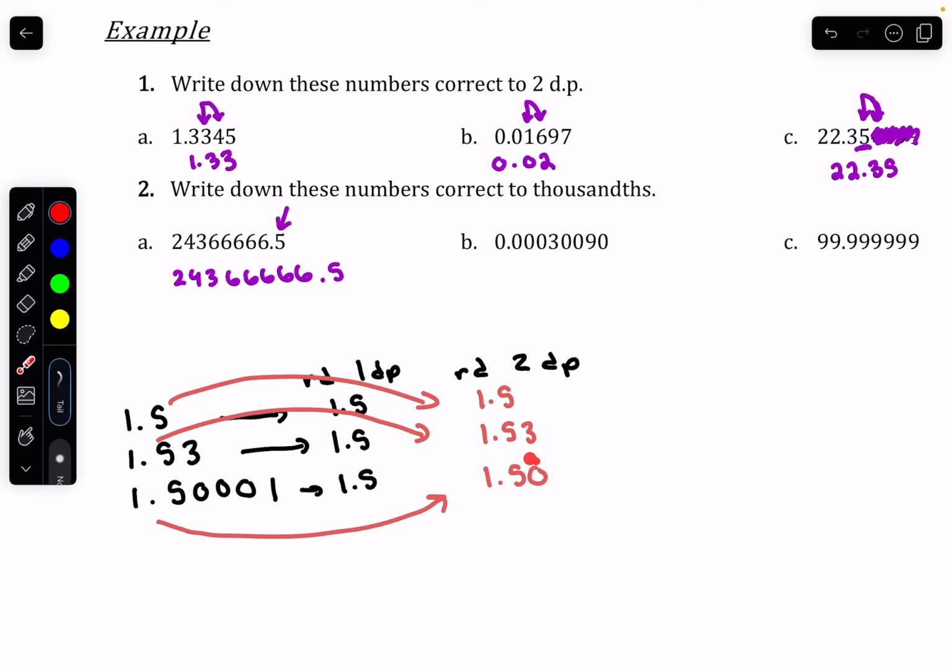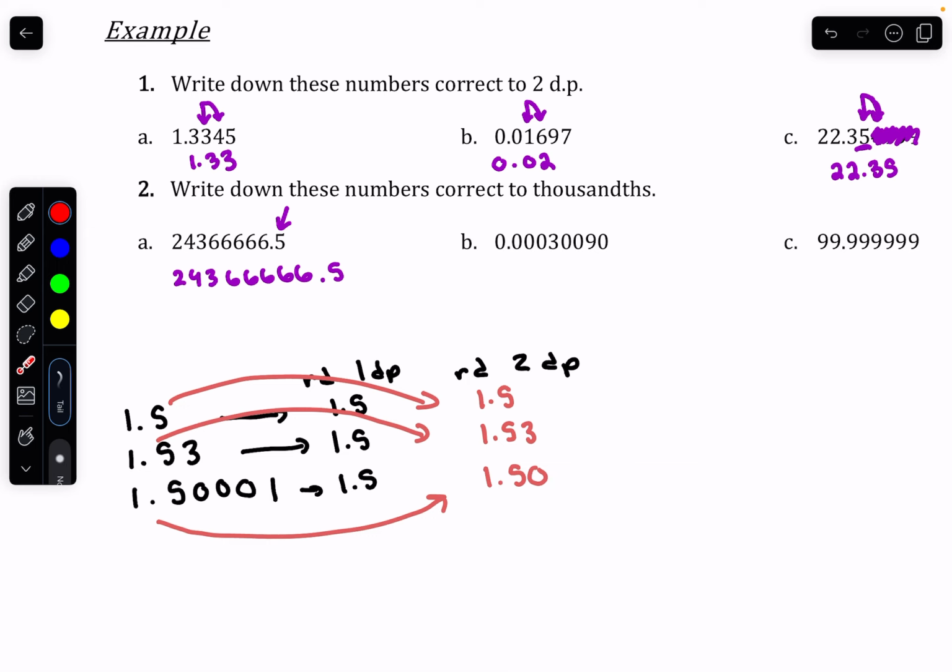These two 1.5s, mathematically, they're equivalent, but they tell the reader a very different thing. This 1.5 says there was nothing after the 5. This 1.50 tells the person looking at the number there were other numbers that came after that, but we rounded them away and it just ended with a 0.